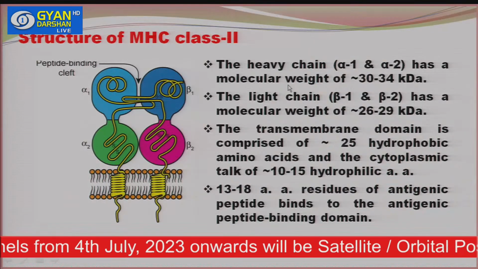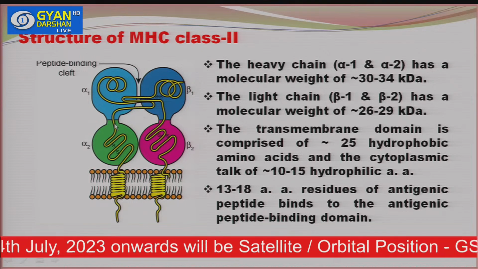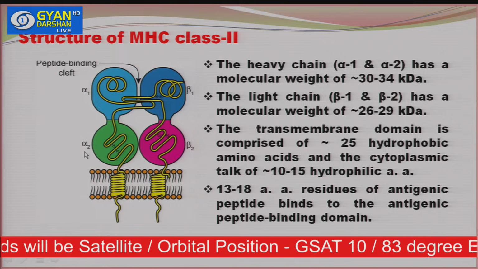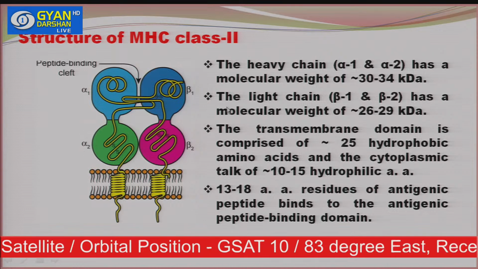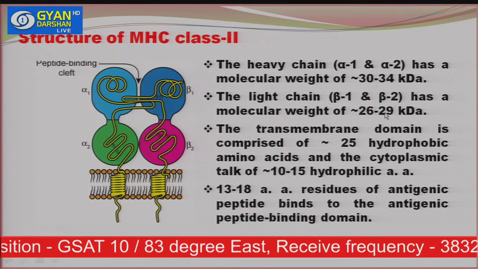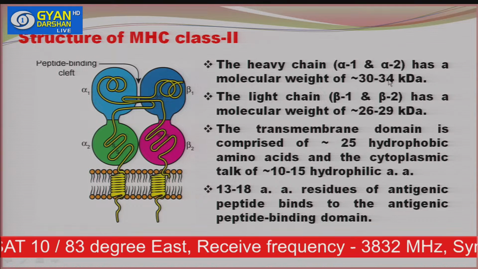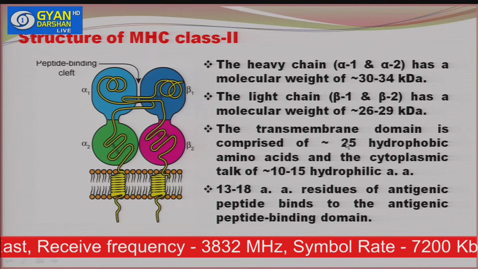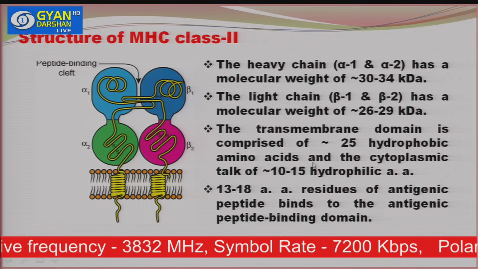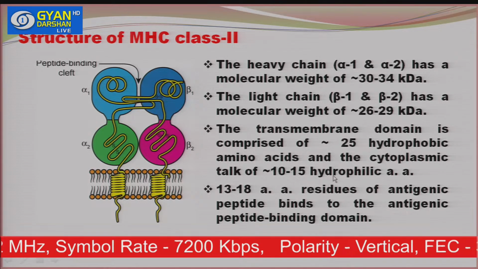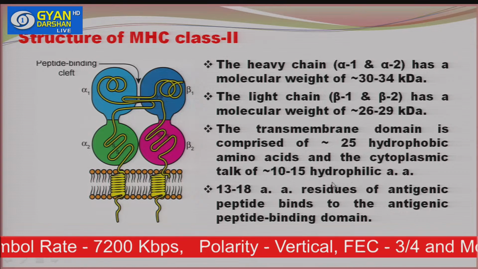The light chain, beta 1 and beta 2, has a molecular weight of 26 to 29 kDa. The transmembrane domain is composed of 25 hydrophobic amino acids, and the cytoplasmic tail of 10 to 15 hydrophilic amino acids.